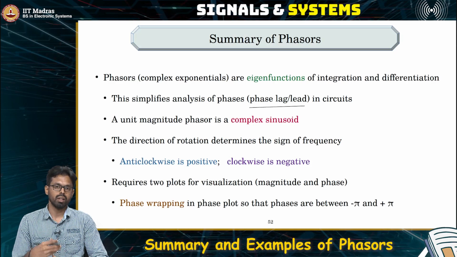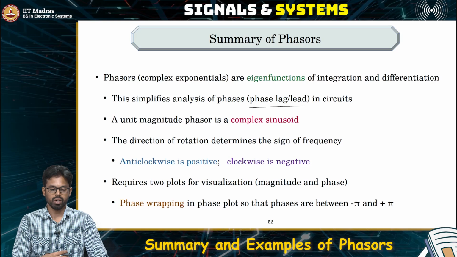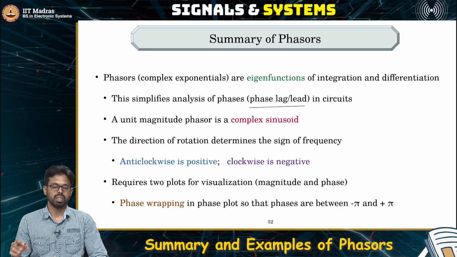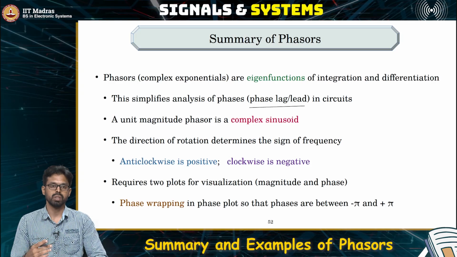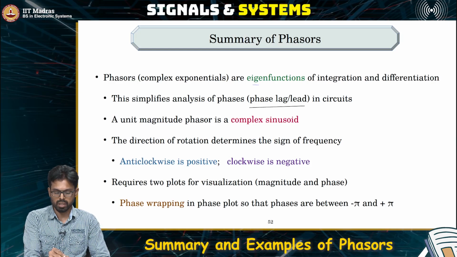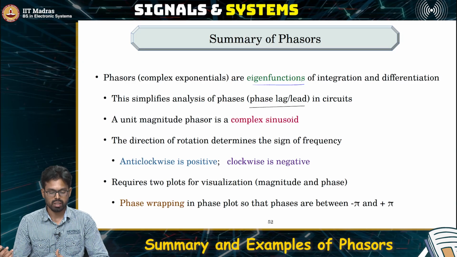And in order to analyze this phase difference and in order to design such circuits, we use phasors to represent the kind of voltage signals and current signals that are passing through this circuit. And that helps us to do this analysis mainly because the phasors are nothing but the eigenfunctions of the integrator and differentiators. What are the eigenfunctions?